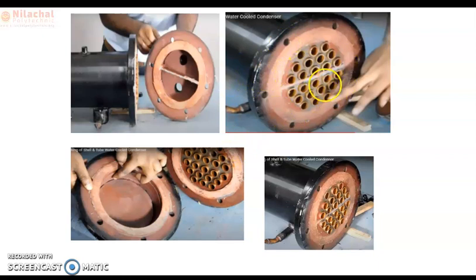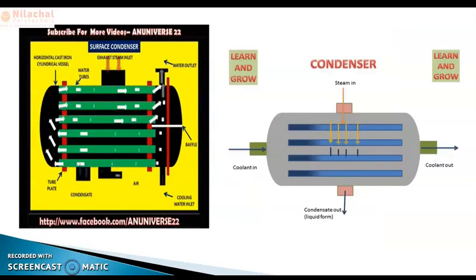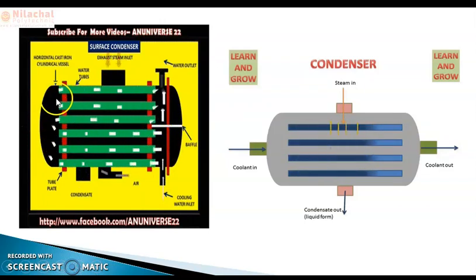So, this is the working principle of this shell and tube type condenser. And here is the animation also. You are observing the same thing. Here water is passing through the tubes from left to right, and it will strike and again return to the upper surface. And here water is out.